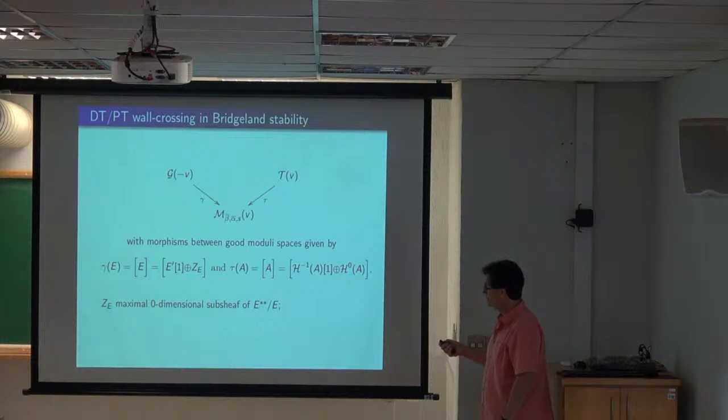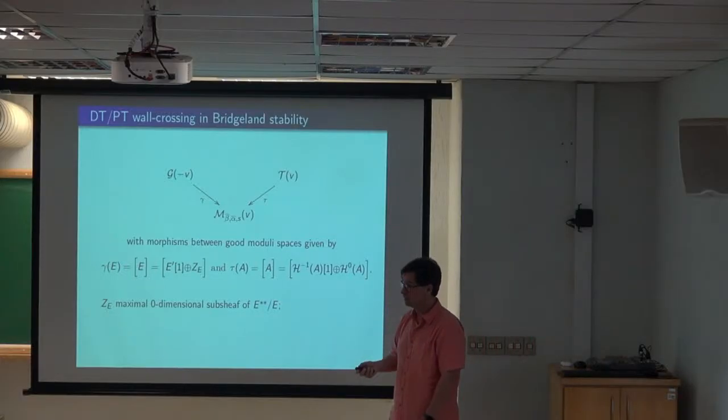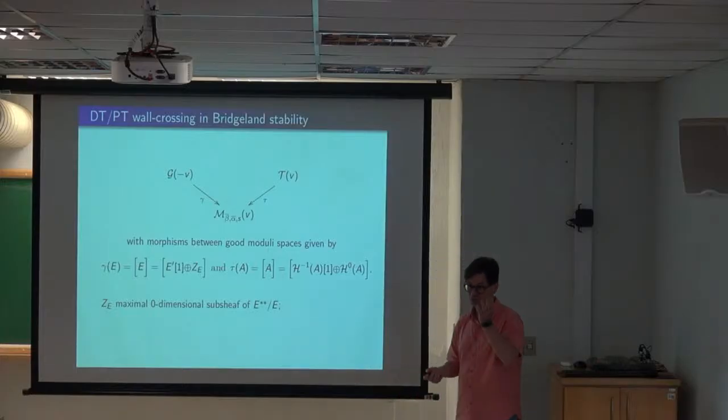And this is on threefolds. There's an analogous version of these wall crossing maps for surfaces as well. And for those of you that know about this, in the case of surfaces, the analogous bit is the Gieseker-Uhlenbeck map. So this is a version of the Gieseker-Uhlenbeck map in 3 dimensions.